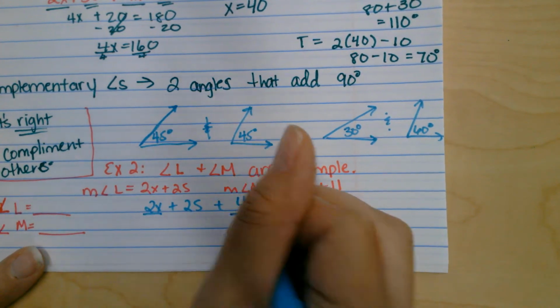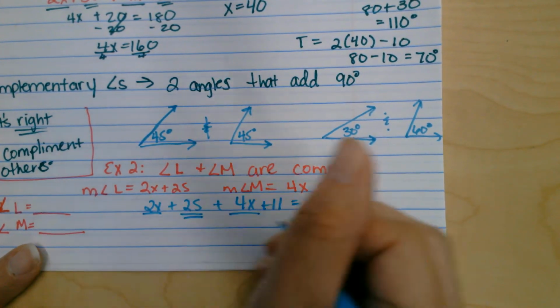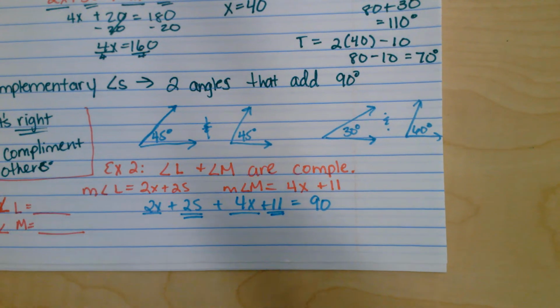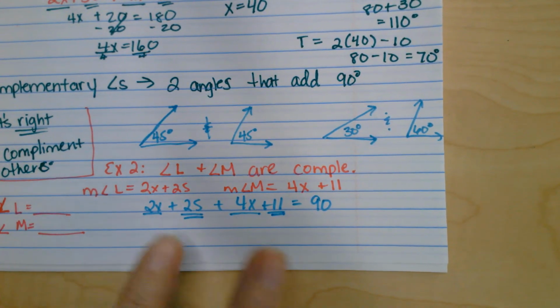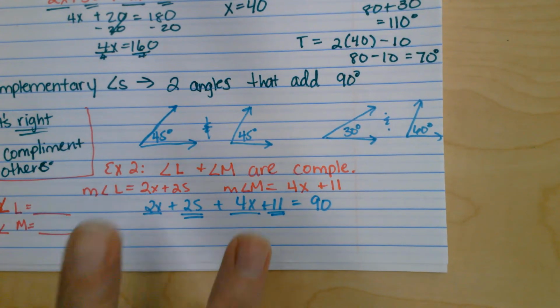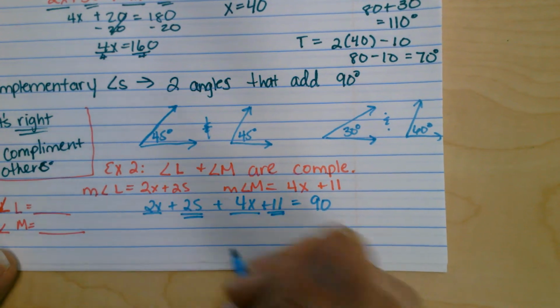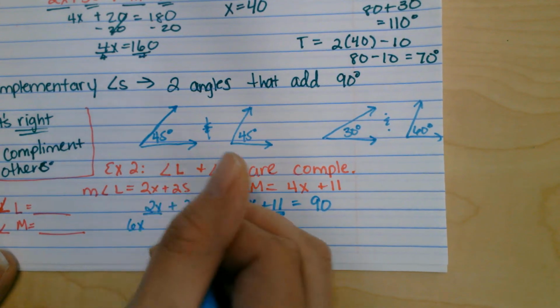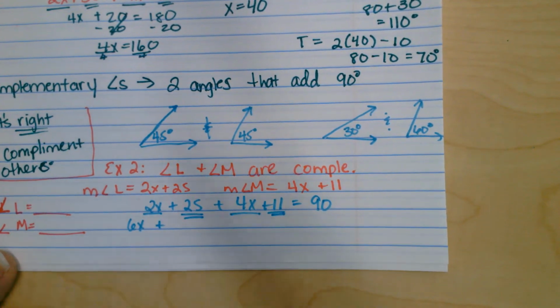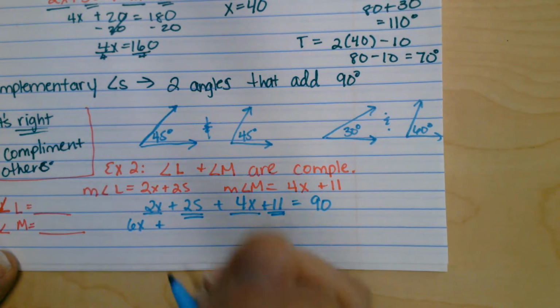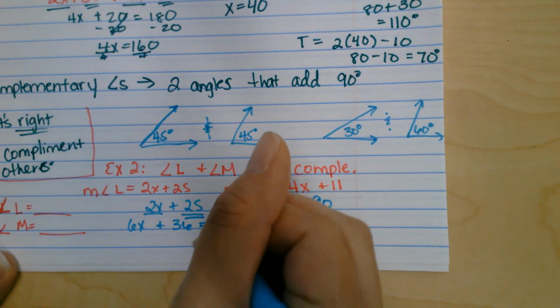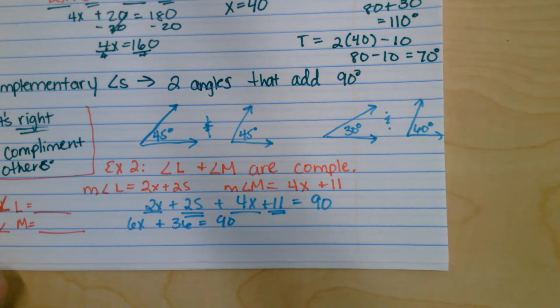Combine like terms. I am going to run out of space. Okay, 4 and 2 gets me 6x plus, and then 25 and 11: 36 equals 90. And then what do I do then?